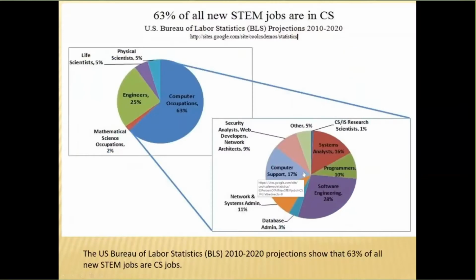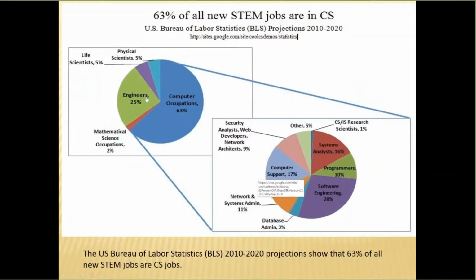More specifically, if you look at engineering overall, what you see in the circle on the left are all the majors in engineering and STEM in general: science, technology, engineering and math.